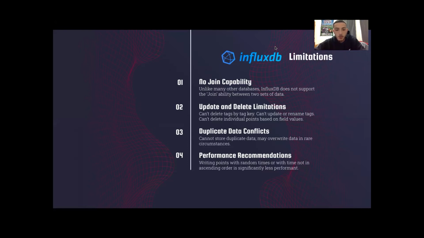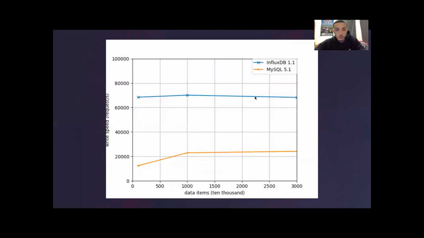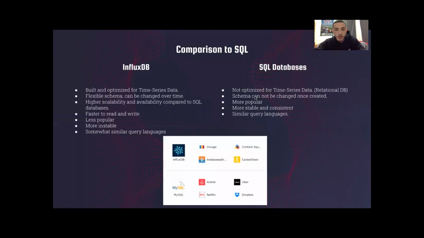Now we will move on to the comparison between SQL and InfluxDB. InfluxDB is built and optimized for time series data. This is data where time is the primary key, you could say.